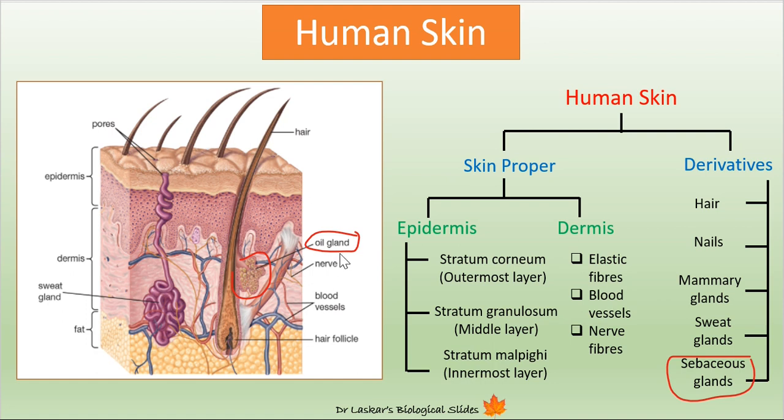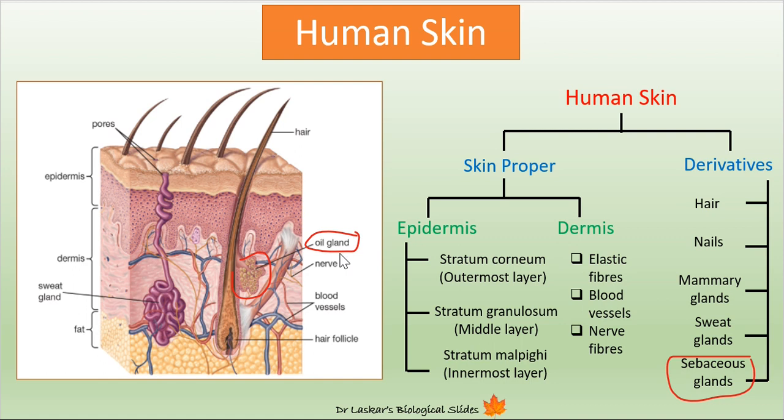This oil gland gives out an oily secretion known as sebum, and that sebum makes the hair and the outer surface of the skin oily and waterproof.